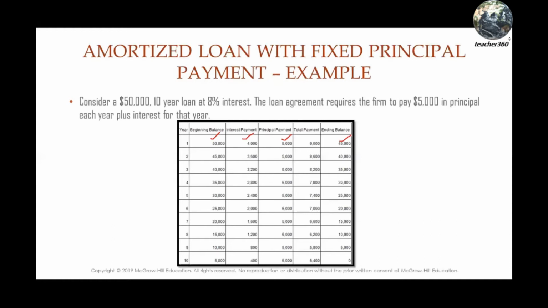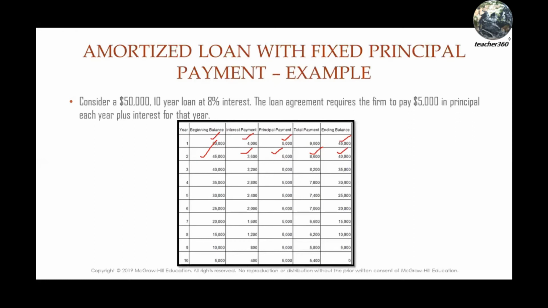The ending balance of the first year is the beginning balance in the second year. So 8% interest on $45,000 is $3,600. Your principal payment is 5,000, which is stable and constant. So your total payment for the second year is 8,600. So your ending balance in the second year is $40,000.